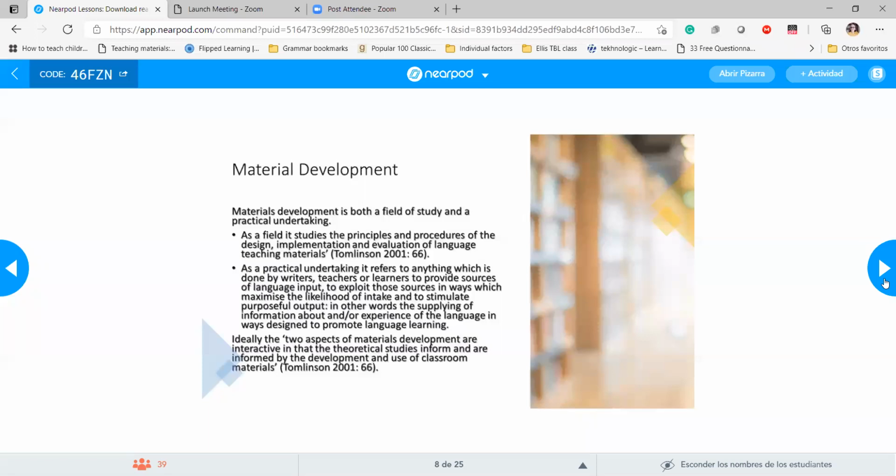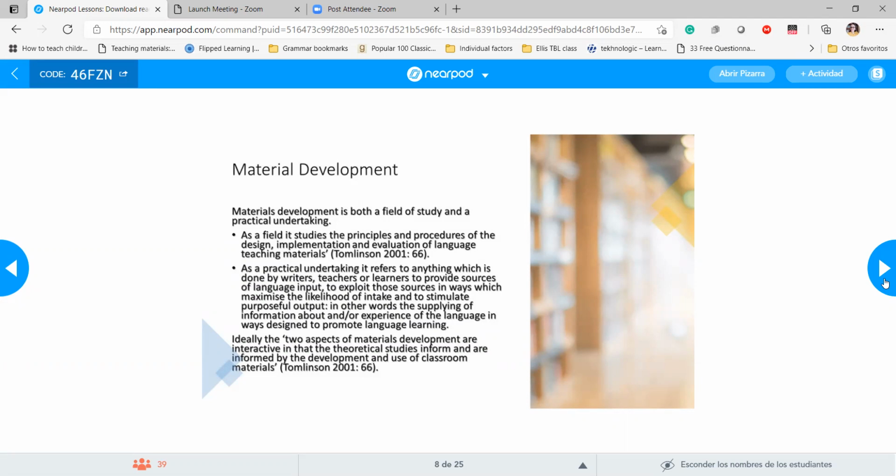As a teacher, since there's a wide variety of materials out there, you should be able to study that material and to see if it's really adequate to your students' needs, level, to the objectives, to the aims, and so on. So that's why material development is a field of study, right?